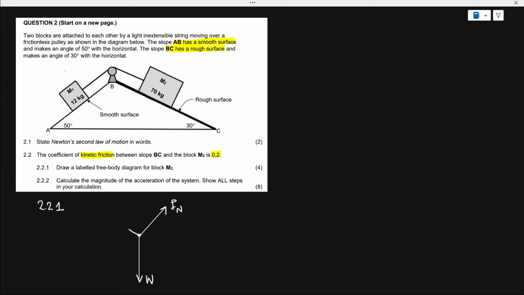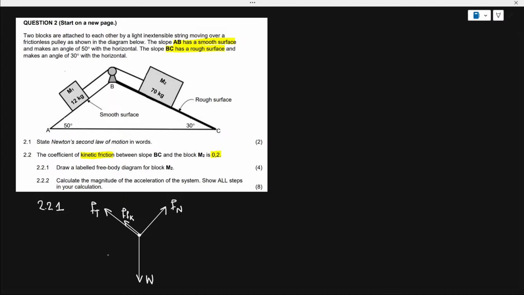And then there is a tension force that will act up the plane due to the light inextensible string. And then that surface is rough, so this means that there is also a friction, and it will also act up the plane because friction always opposes the motion of the object.